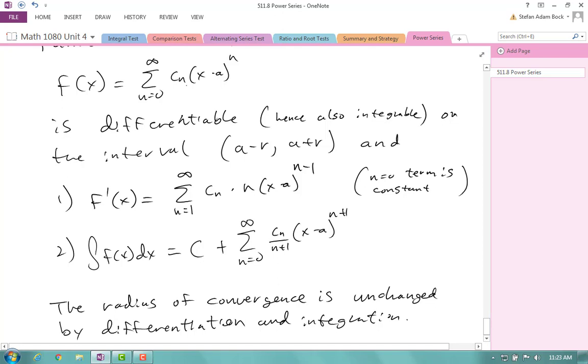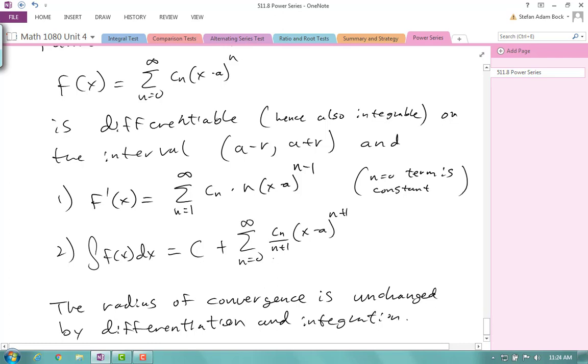And 2, if I want the integral of f of x with respect to x, then it's going to be the new power series plus the big constant of integration. Particularly, I'm going to take the integral of each of the terms, so I'll sum from n equals 0 to infinity, c sub n times (x minus a) to the n plus 1, all divided by n plus 1.